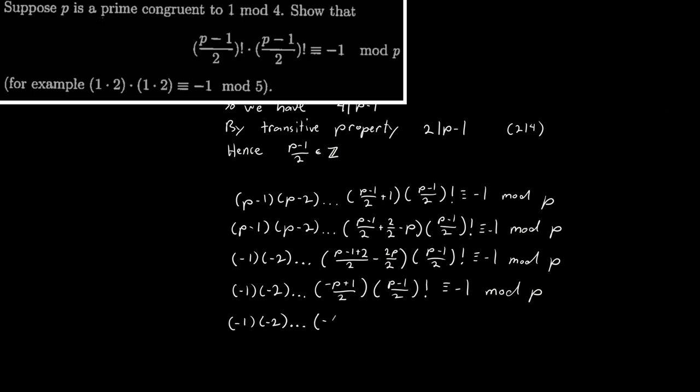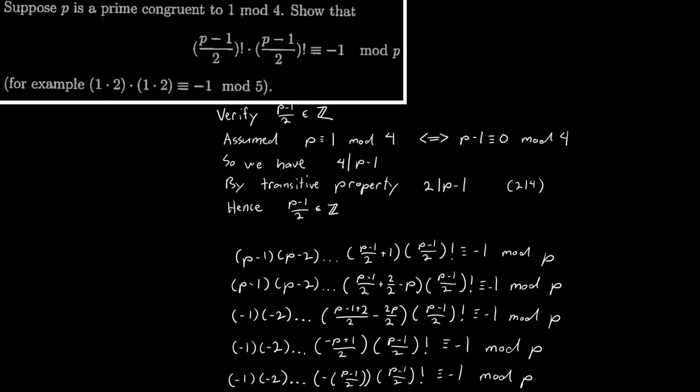And I'll just rewrite that as -(p-1)/2. And so now you can probably clearly see that this is the same as ((p-1)/2)!.